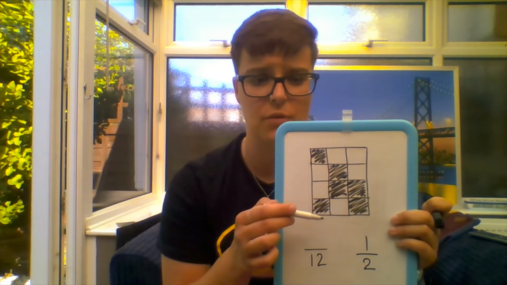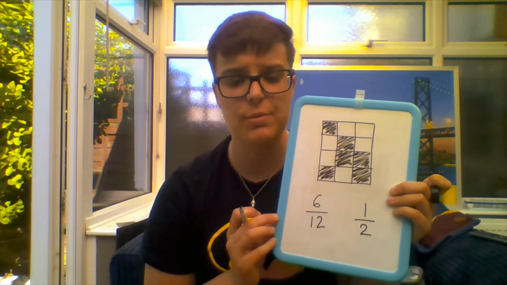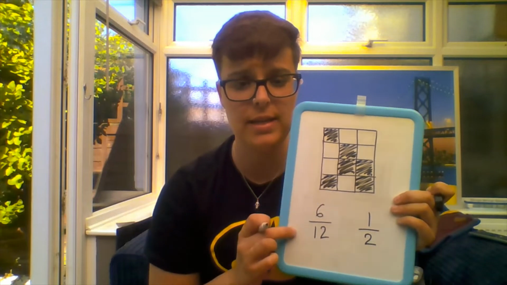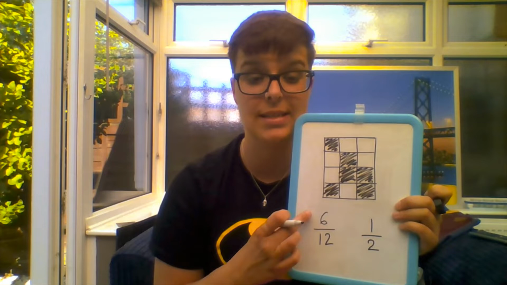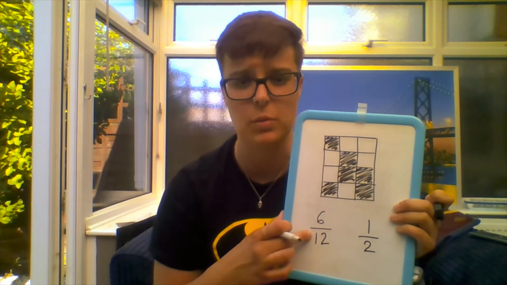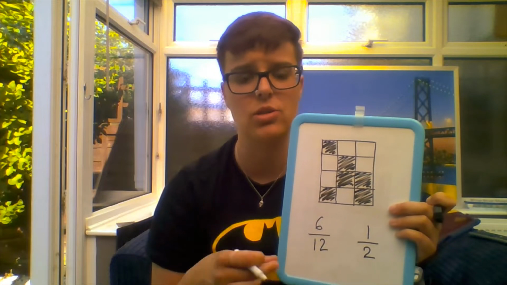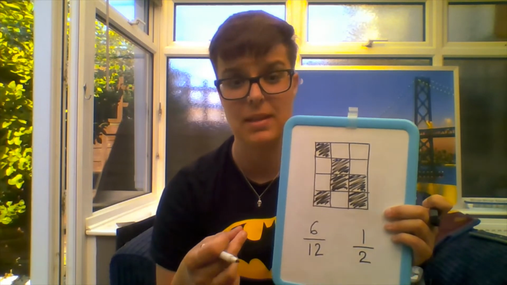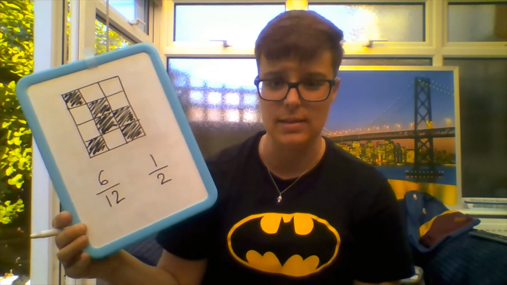There's 1, 2, 3, 4, 5, 6. 6 out of the 12 are shaded. And she was asked to shade half. Now the reasoning would be, yes, she is correct, because there's 12 pieces and she's shaded 6 of them, and 6 is half of 12. So it's all about using that language, those STEM sentences that a lot of you have been sending me that are fantastic. So thank you for those of you who've been doing that.